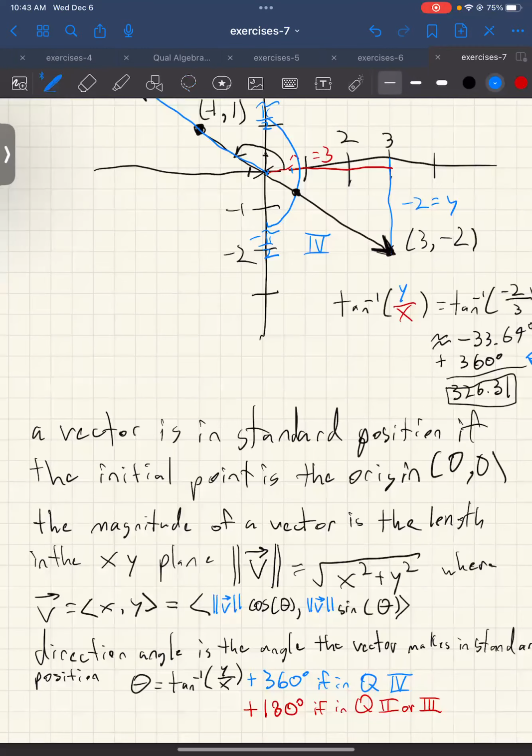So instead of telling you exactly how far we moved to the left or right and up and down, I also could have just told you what our magnitude is and what our direction angle is. So this gives us two different ways of constructing our vectors. But what we'll really work with are the x's and y's. We're not really going to use this form as much, but it's still important to know and to be able to do.